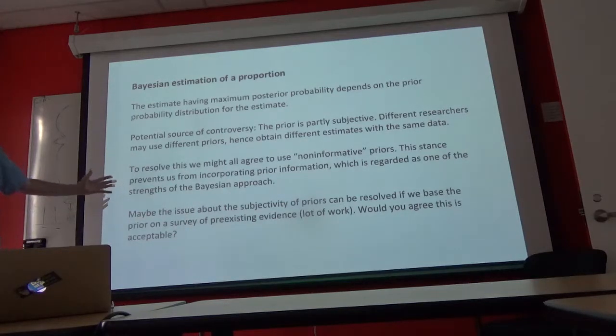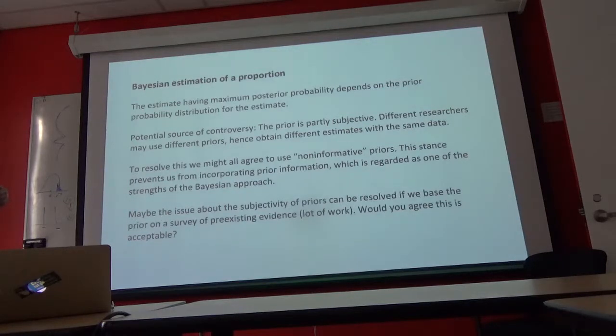So one resolution is that we all decide from now on to resolve all of the arguments about priors, that from now on we're going to use non-informative priors. Well, that's kind of disappointing, because this prevents us from incorporating prior information, which is thought to be one of the virtues of this approach, and a weakness of conventional null hypothesis significance testing.